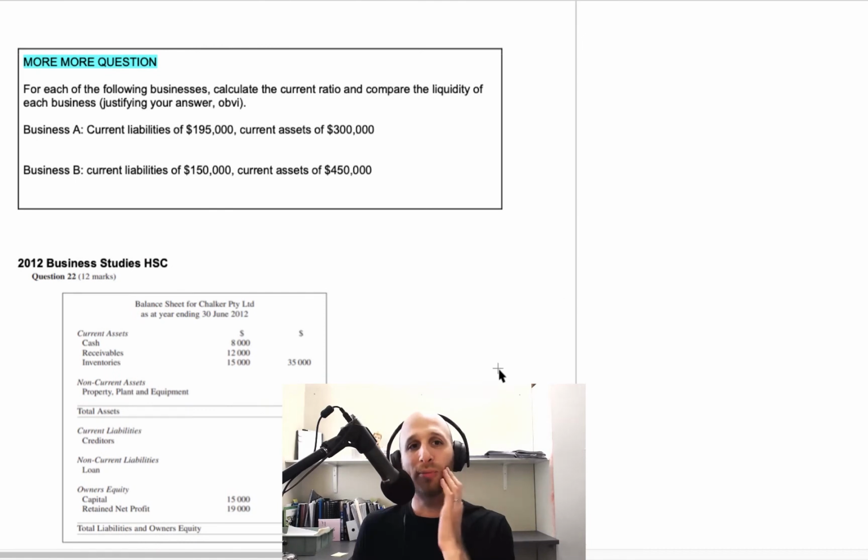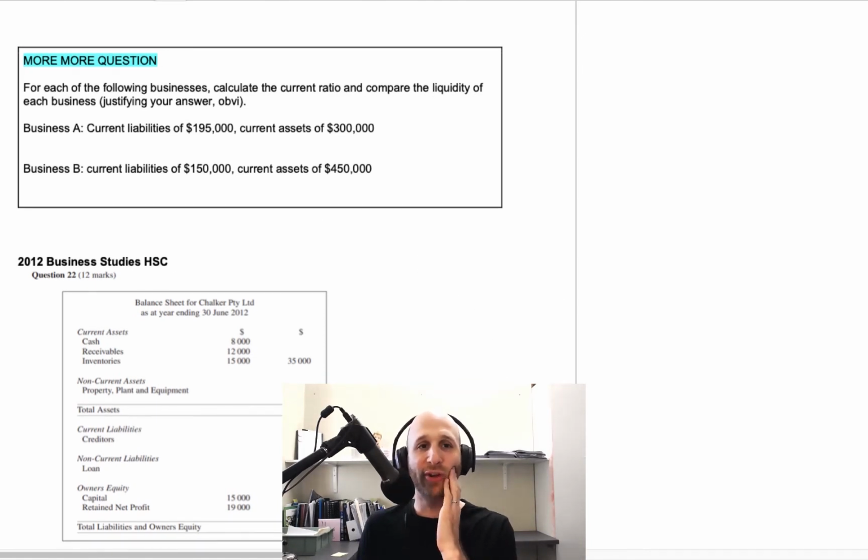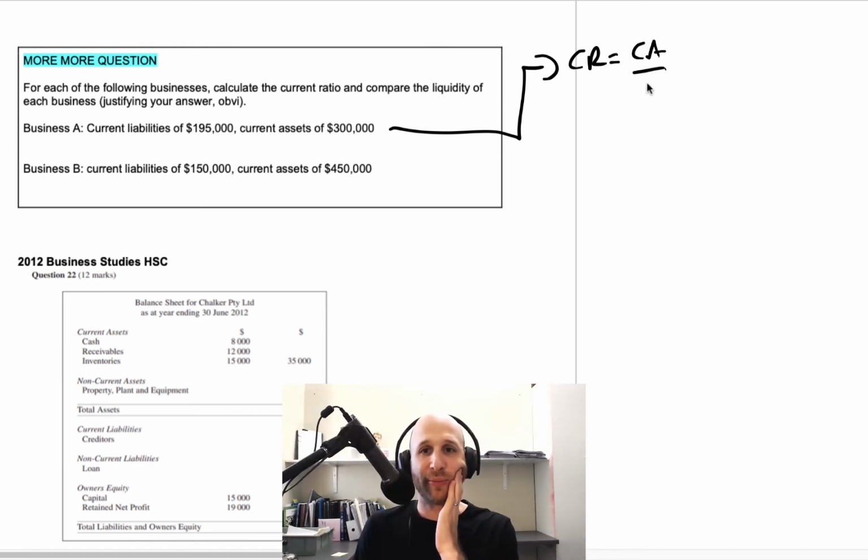Let's look at a couple more questions. This question says, for each of the following businesses, calculate the current ratio and compare the liquidity of each business, justifying your answer. We know that the current ratio equals current assets over current liabilities, so we've got 300 over 195.